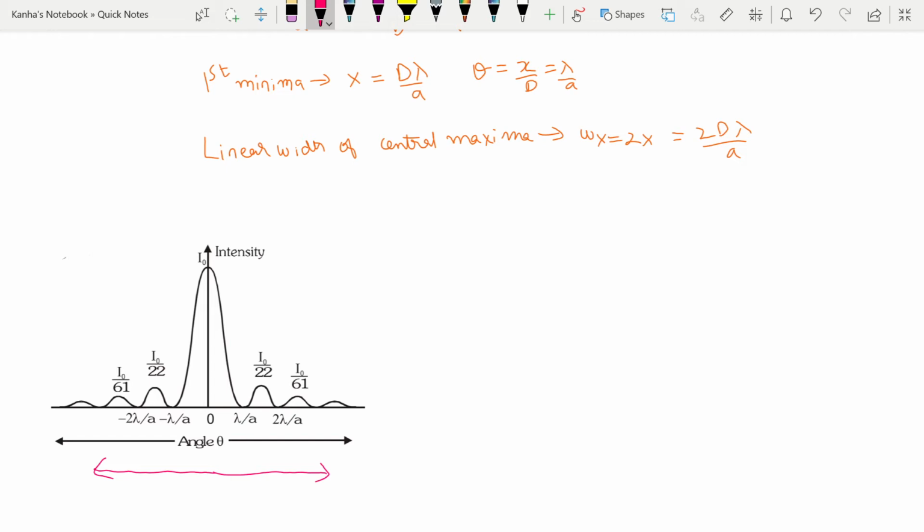The intensity of maxima in a Fraunhofer's diffraction is given by the formula 2 divided by 2n plus 1 into pi, whole square, into I naught, where I naught is the intensity of central maxima and n is the order of the maxima. So you can use this formula to get the intensity of every other maxima that you get.